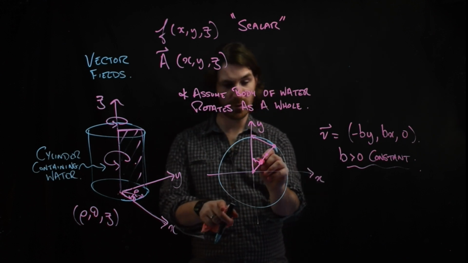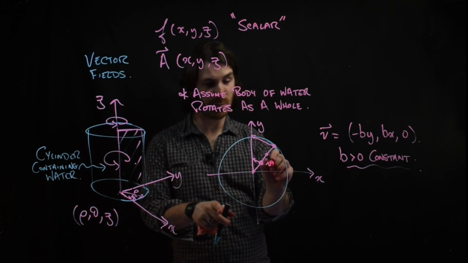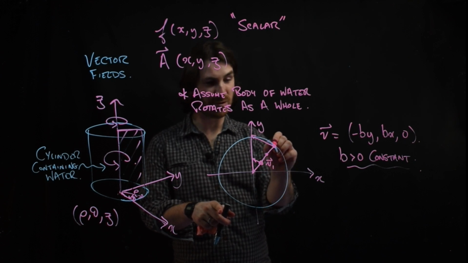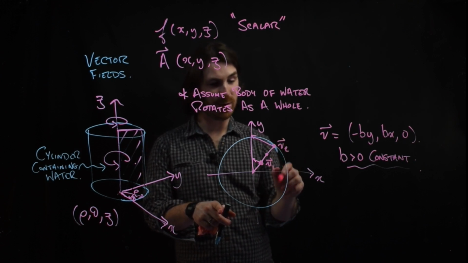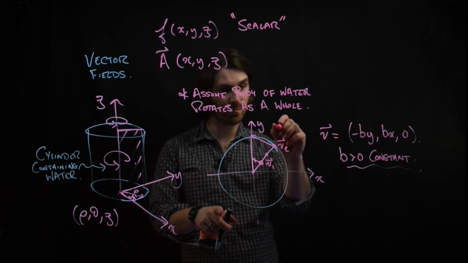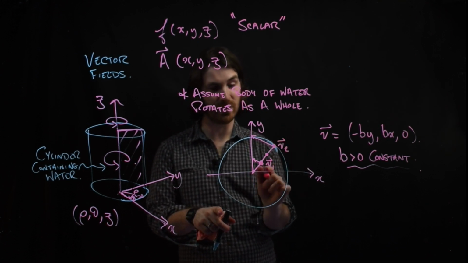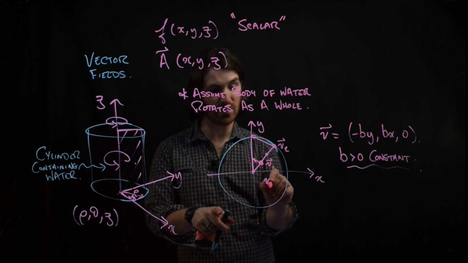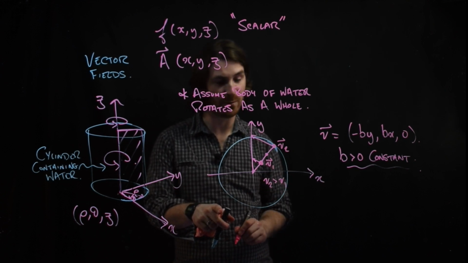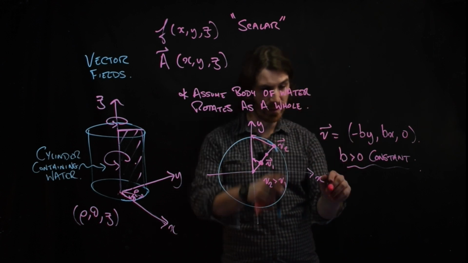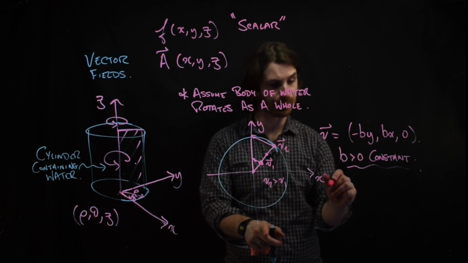So the velocity at this point, say v1, and the velocity at this point, v2, we have that the magnitude of v2 is greater than the magnitude of v1. So the speed v2 is greater than the speed v1. Let's think about what the magnitude of this is.